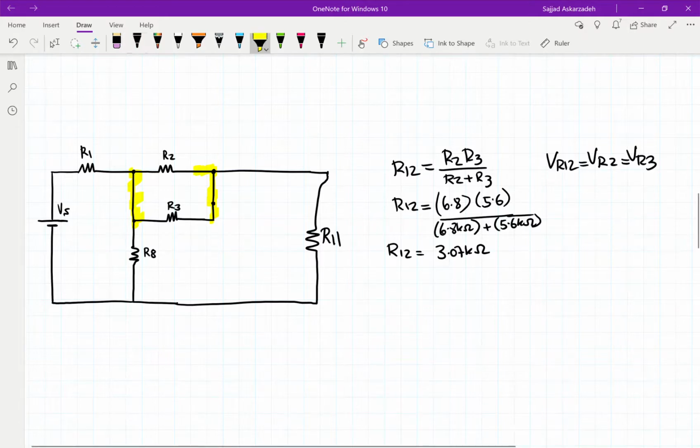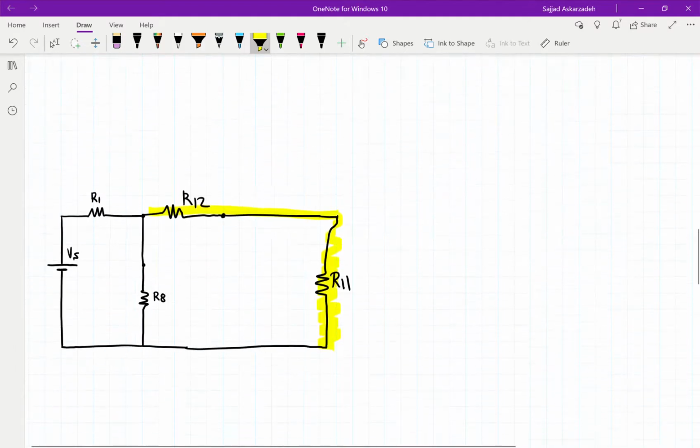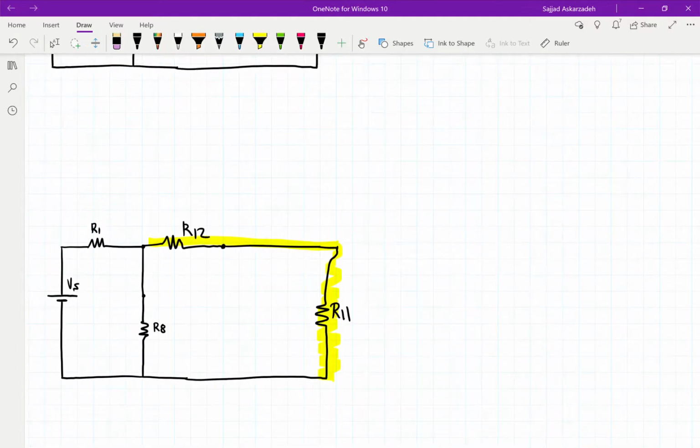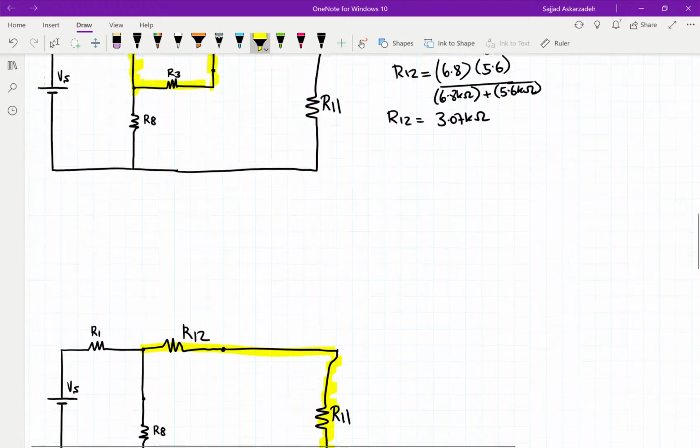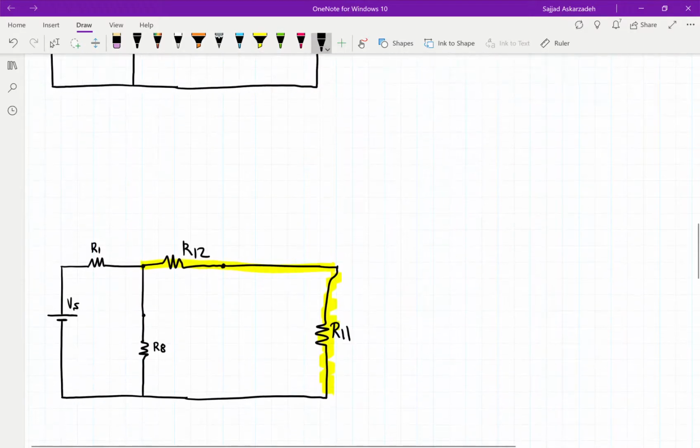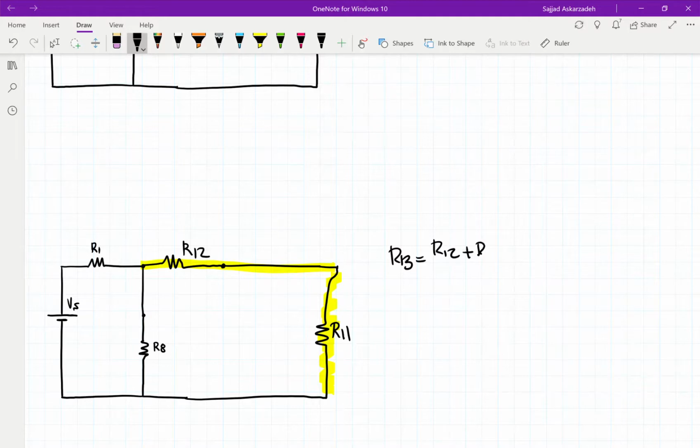So now we're going to combine these two, where we get R12. Looking at this, we have R12 now as our new resistor. So now we're going to include R11 and R12. They're going to be in series, so that's going to be our new circuit. The new resistor R13 is going to be R12 plus R11.